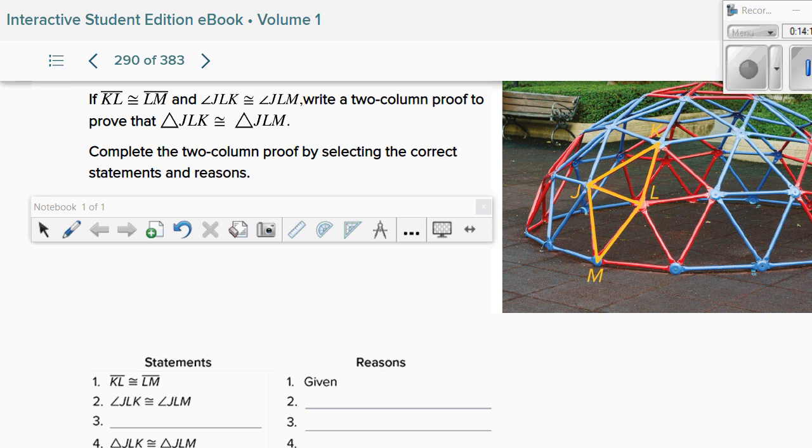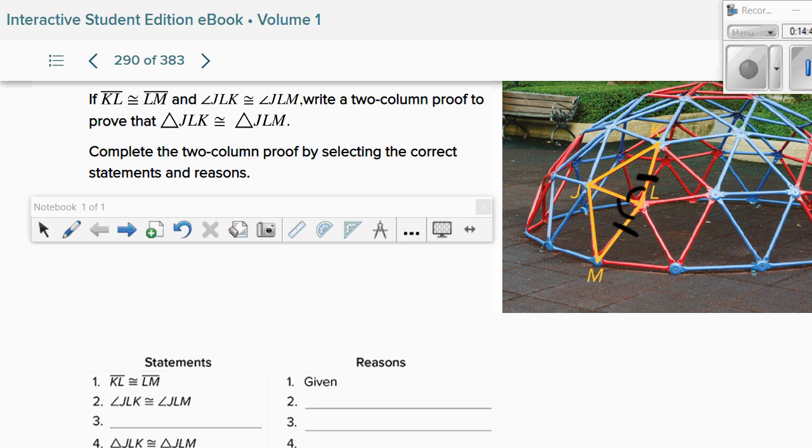But specifically they're saying side KL is congruent to side LM. They're also telling us that angle JLK is congruent to JLM. So let's show that.